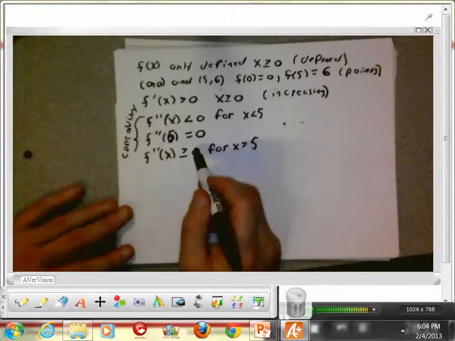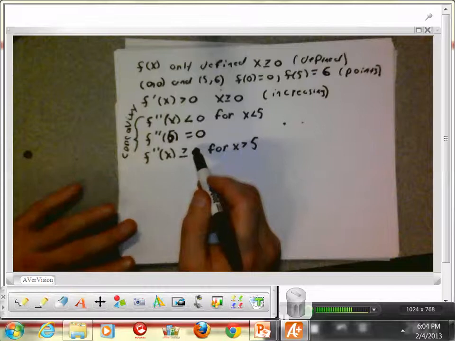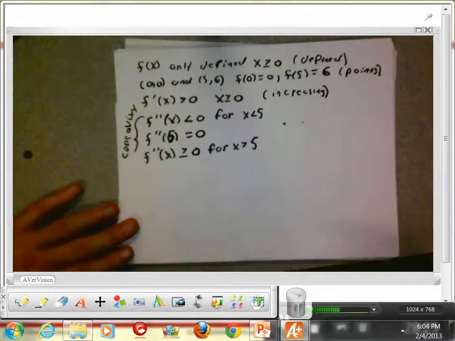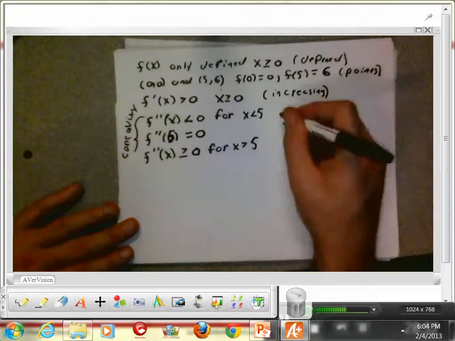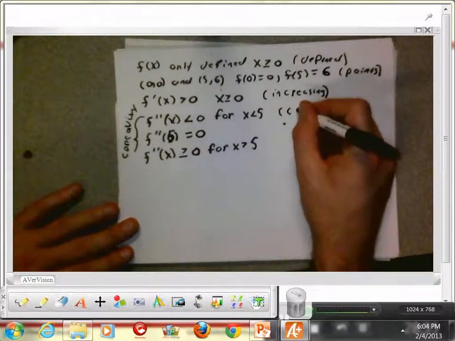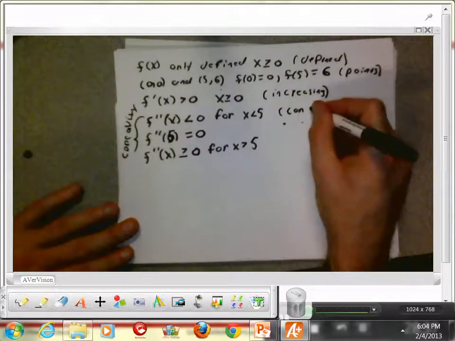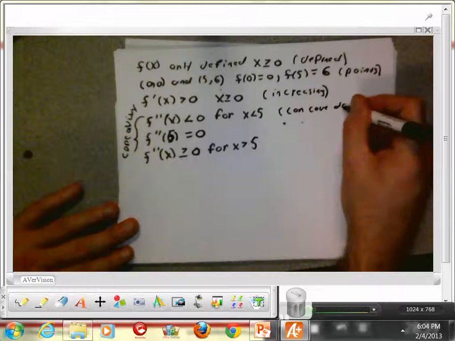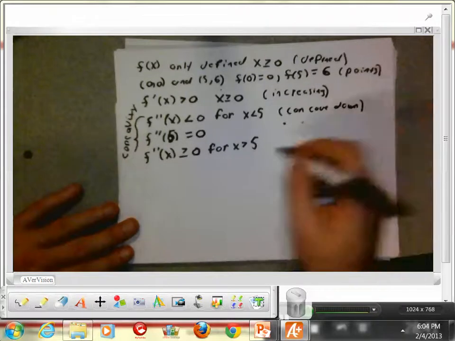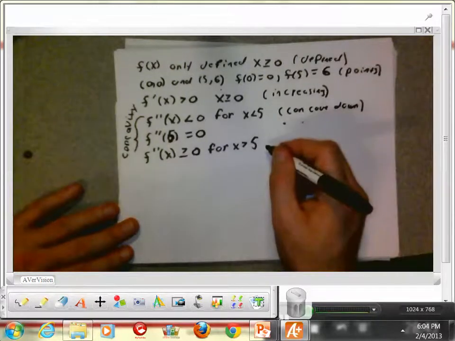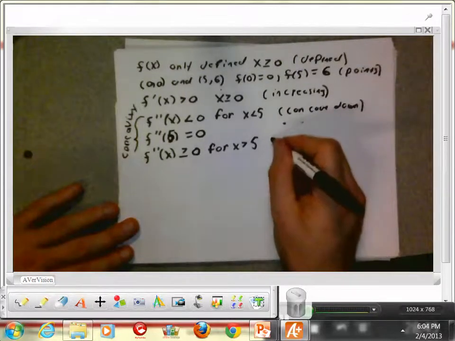If it equals 0, then it's neither. And that usually turns out to be something called an inflection point, where we go from concave up to concave down. It doesn't have to be, but that's generally what it means. And so this means concave down. What does this last one mean? Concave up.